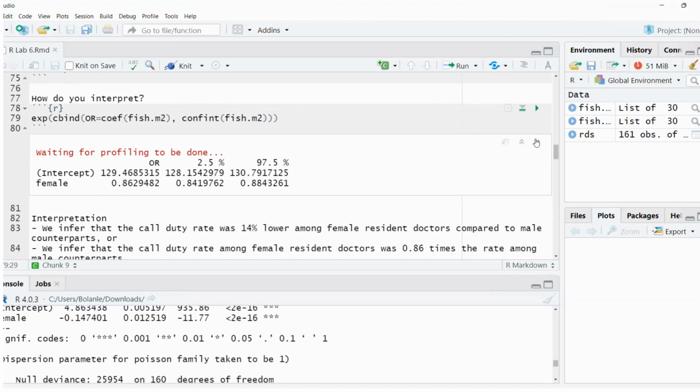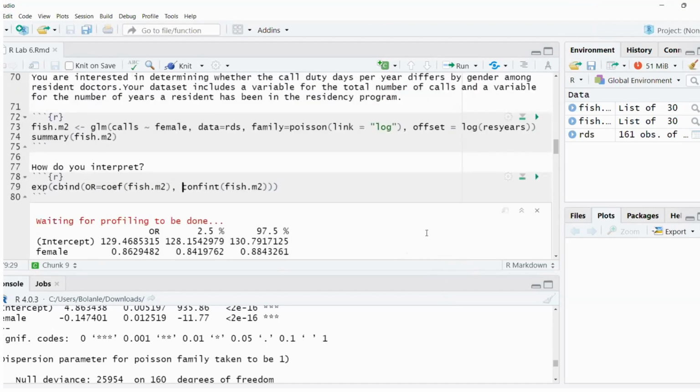Hello? Okay, from the code we used, just like you said, the difference between the first one we used, when we're not looking at time as a possible confounder, and this one is that we introduce an offset, the log of residency years.